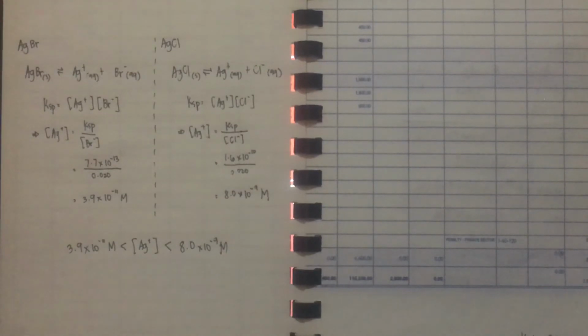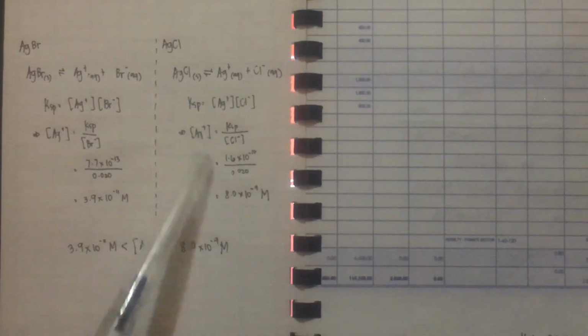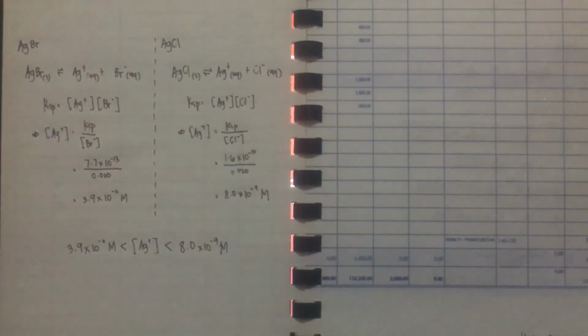And then we do the same calculation with silver chloride. This time you will get 8.0 times 10 to the negative 9 molar. This means that we need this concentration of silver ions to precipitate the chloride ions as silver chloride.